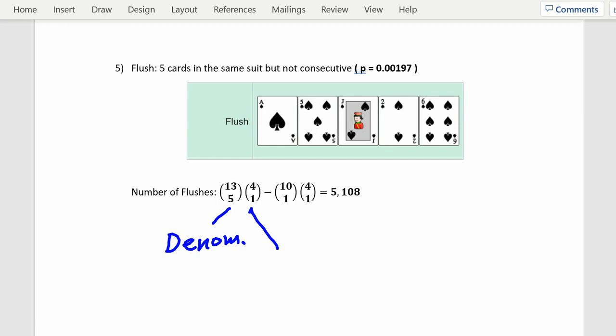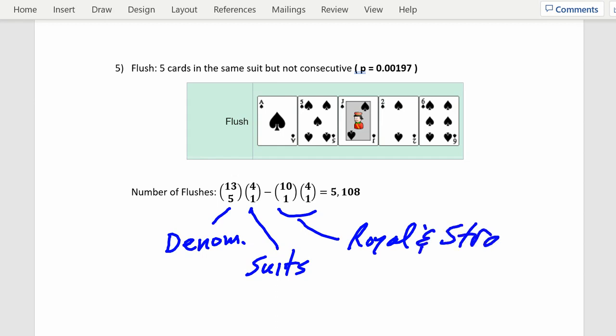These could be all diamonds, all hearts, or all clubs. So there's 4 ways to do that one. Okay. Now, what is the subtraction here? The subtraction here is the number of straight flushes and royal flushes. So we're subtracting royal and straight flushes out, and that's why we have the subtraction.